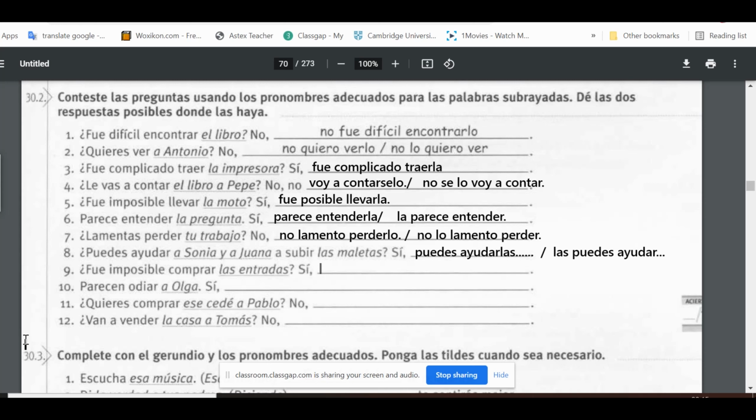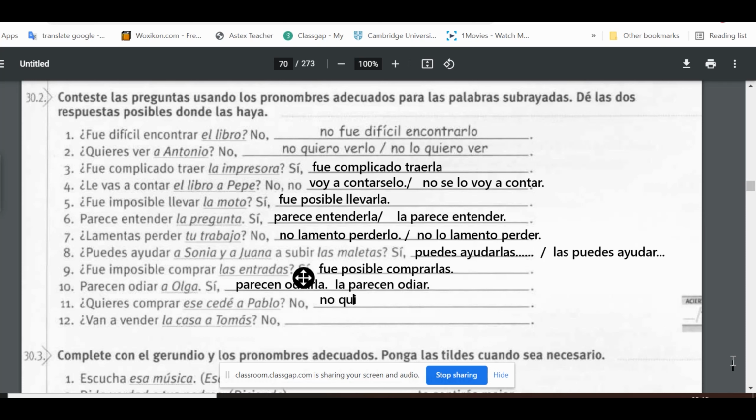"Fue imposible comprar las entradas." "Fue imposible comprarlas." "Fue posible comprarlas." Yes. "Parecen odiar a Olga." So sí, "parecen odiarla." Sí, "parecen odiarla." "La parecen odiar," no, I suppose. "¿Quieres comprar SSD a Pablo?"